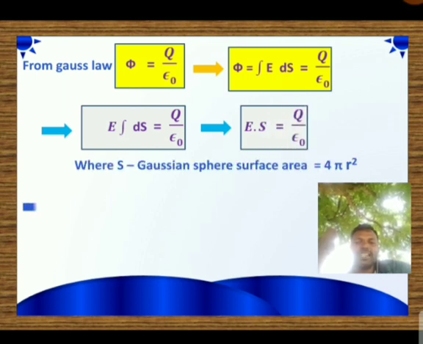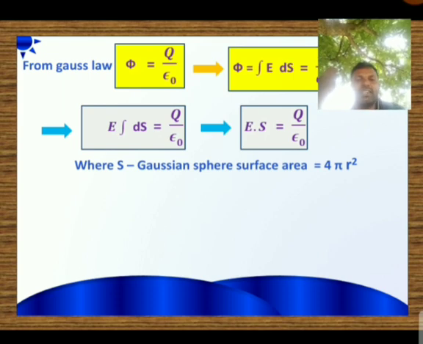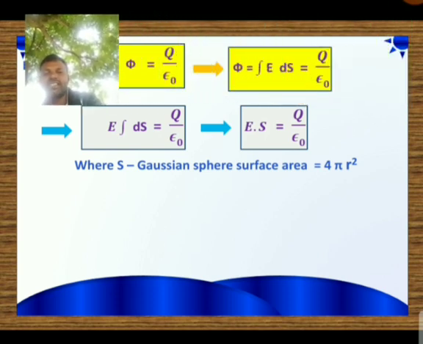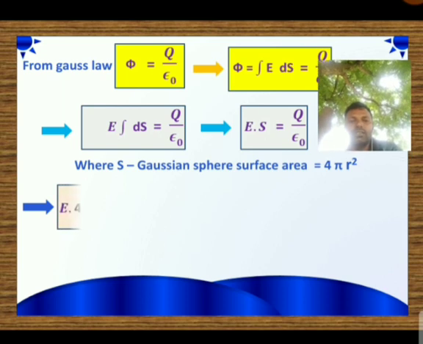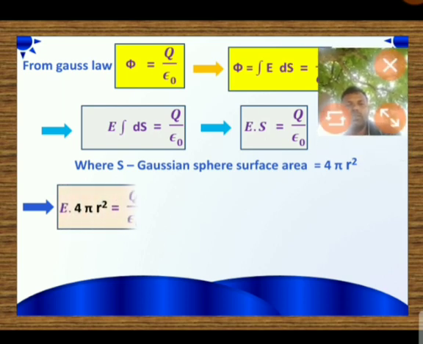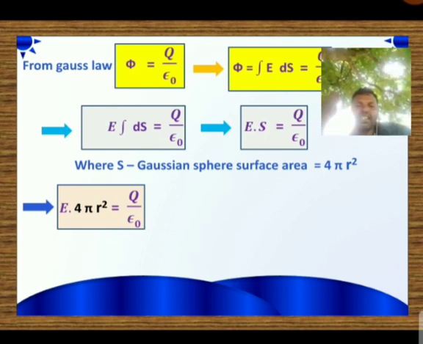What is S? S is the Gaussian surface area. Here I have taken a sphere. What is the surface area of a sphere? The surface area of a sphere is 4 pi r square. Substitute that one. E into S, where S is the surface area 4 pi r square, is equal to q by epsilon naught.